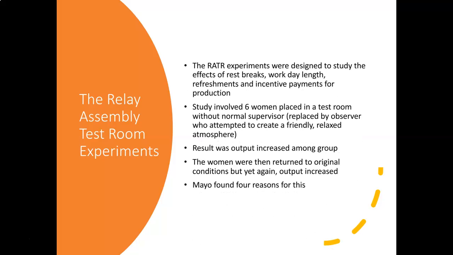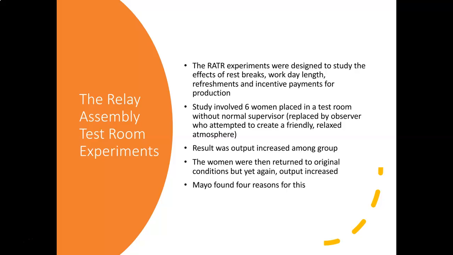Okay, now to the next main category, the relay assembly test room experiments. They were designed to study the effects of rest breaks, workday length, refreshments, and incentive payments for production. The study involved 6 women placed in a test room without a normal supervisor, replaced by an observer who attempted to create a friendly, relaxed atmosphere.